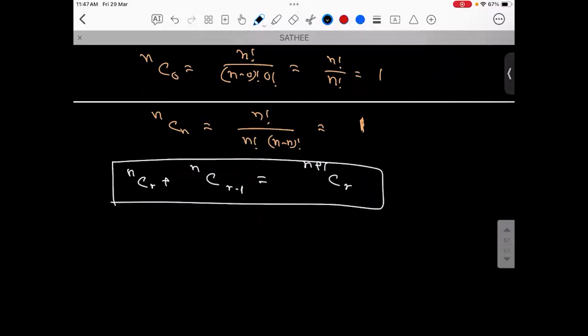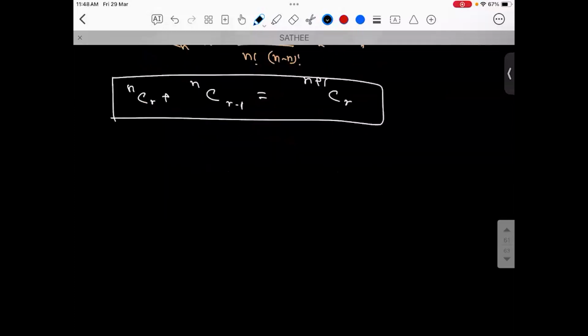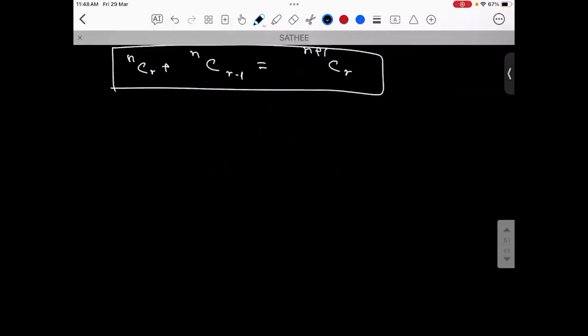And from the next lecture, we will discuss some examples regarding these combinations and how you can distinguish whether this is the case for combination or for permutation, and where you should apply which formula. So let's discuss this formulation.